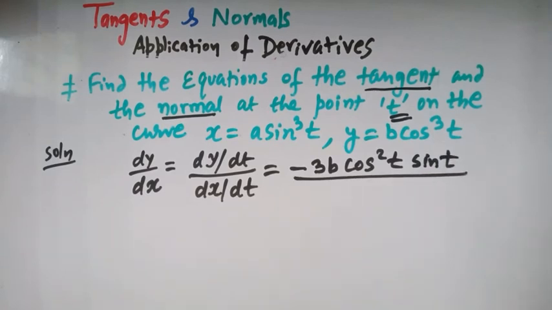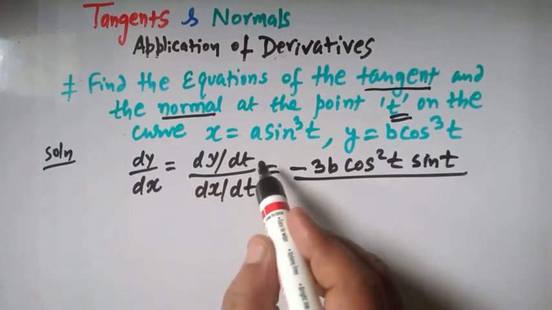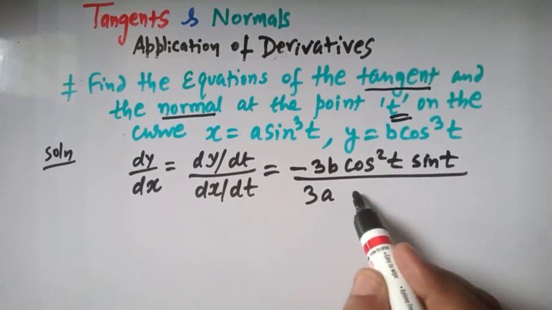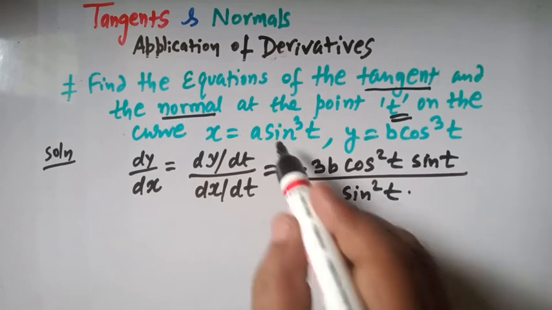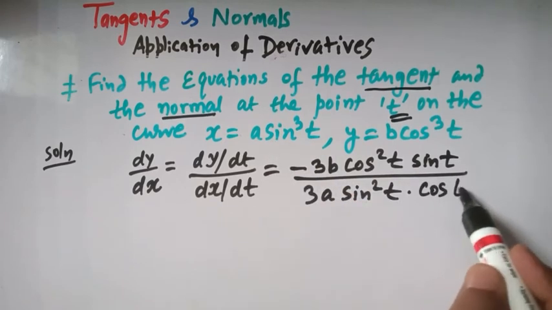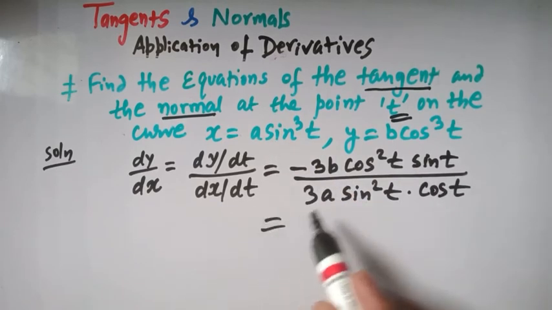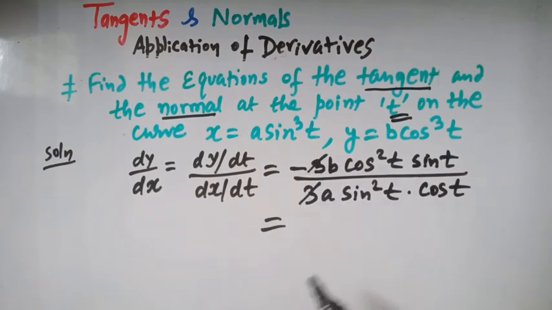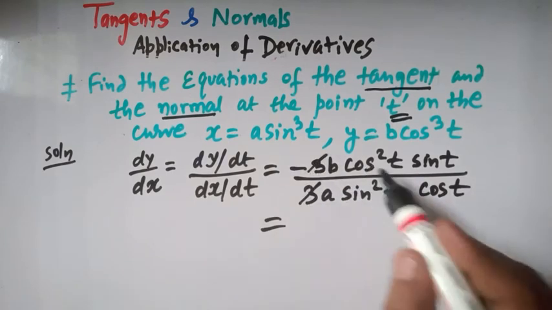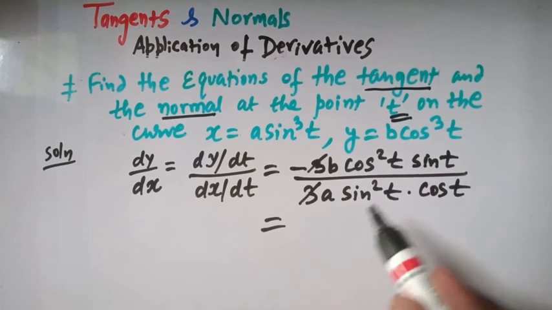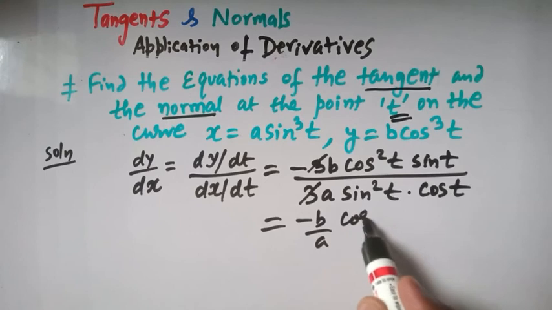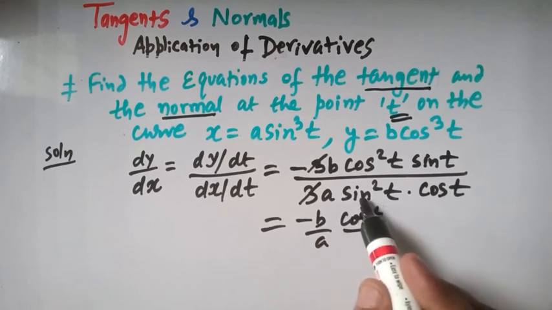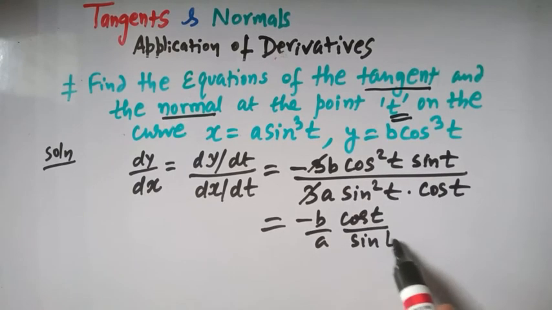Clear? Now for dx over dt we have 3a sine square t, and the derivative of sine is cos t. Clear? So here 3 and 3 get cancelled, and cos t gets cancelled, and we are left with only 1 cos t, and in the denominator we have only 1 sin t.